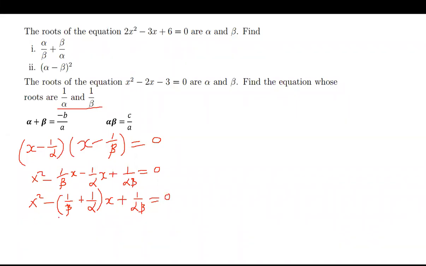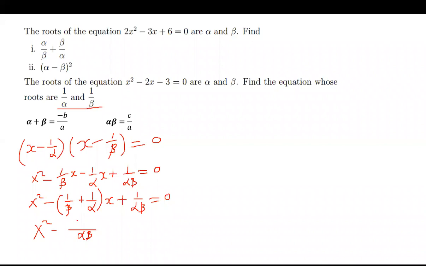Now, you remember what I said, when you find such a situation in fractions, you simplify it, you express it as a single fraction. So here you find the common denominator, which is alpha beta. When you divide alpha beta by beta, you get alpha.